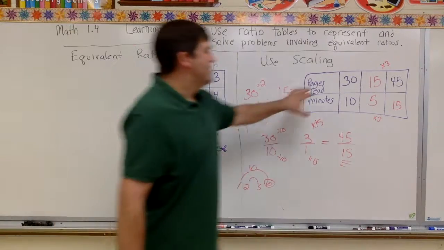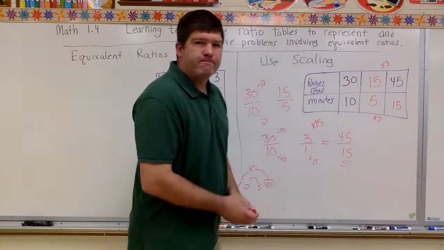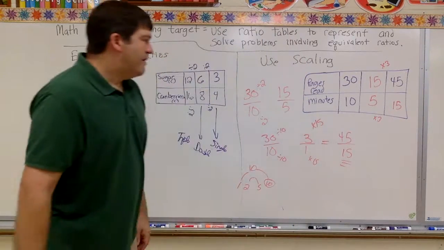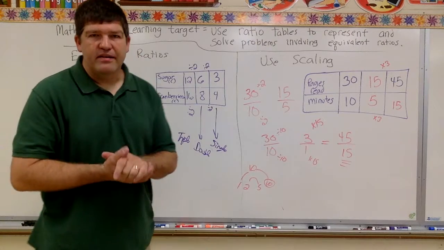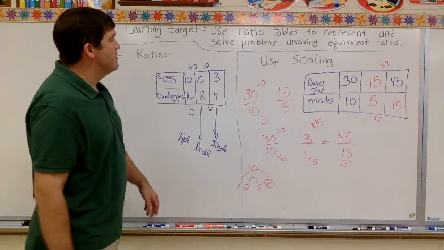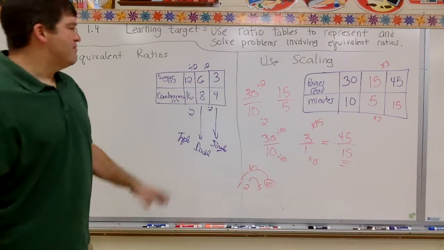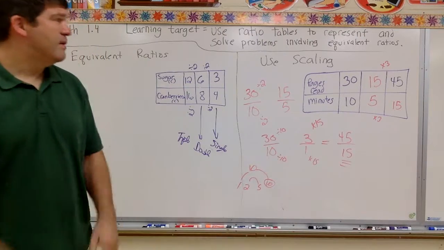And then scaling, where you sometimes need to go down to go back up. All right, I'm going to do some guided practice with you, and then you'll do some independent practice on your own, using ratio tables to represent and solve problems involving equal ratios.